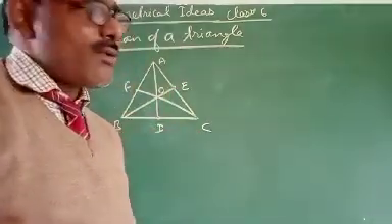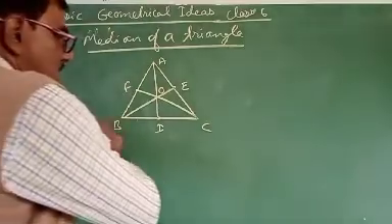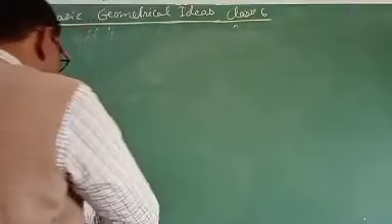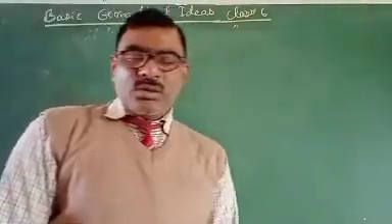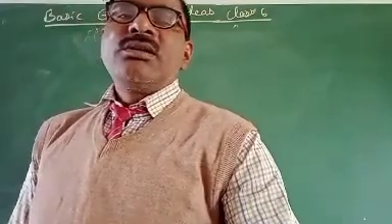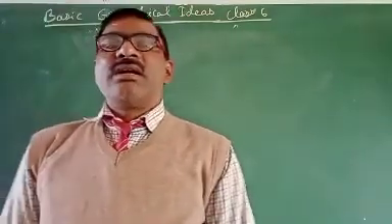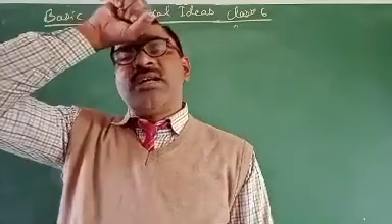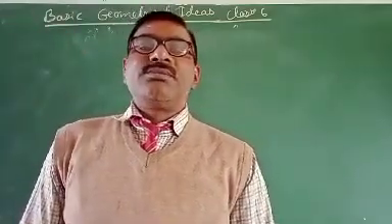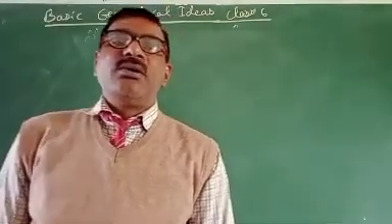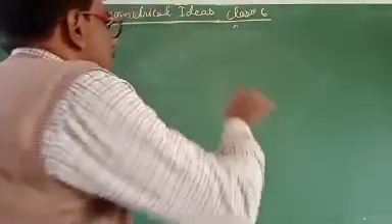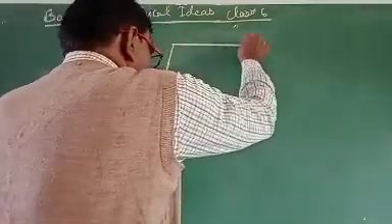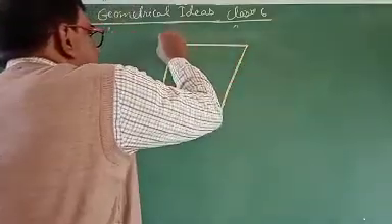Now next, quadrilateral. What is a quadrilateral? You have already seen that a triangle is a closed figure formed by three line segments, but a quadrilateral is a closed figure formed by four line segments. This is the shape of a quadrilateral.